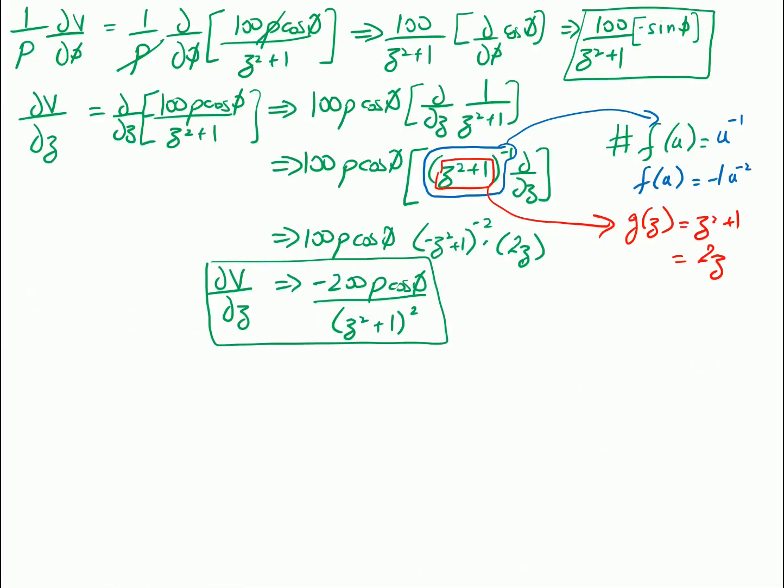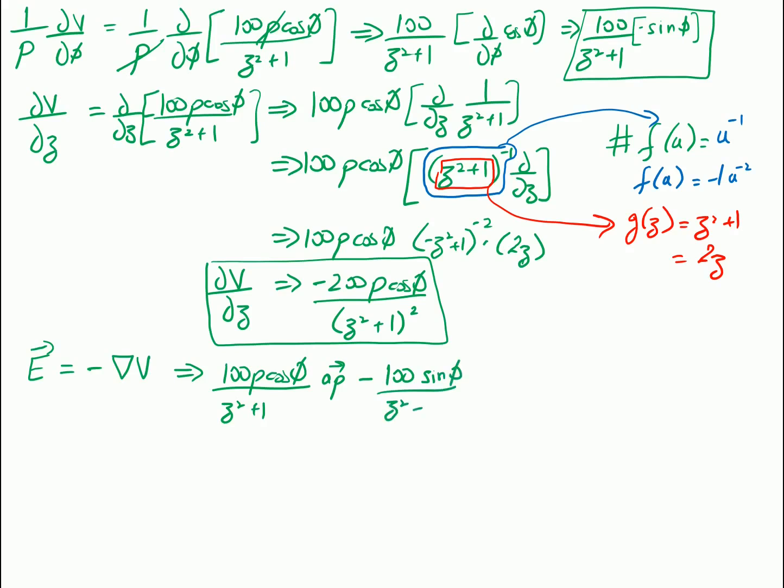So equation number 1 is that the electric field intensity that we want to find is the negative of the gradient of V, which, if I incorporate everything, comes out to be 100 rho cos of phi divided by z square plus 1 along a of rho, then you have minus 100 sine of phi divided by z square plus 1 along a of phi, and then you take the final value of minus 200 rho cos of phi.